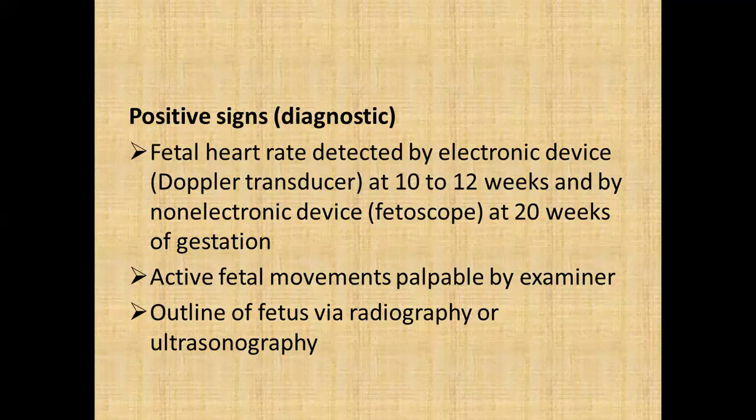If a woman is pregnant and does an ultrasound, and it picks up the fetal outline, that is also conclusive that she is pregnant. So these are the only positive signs of pregnancy that they are going to bring to you in the NCLEX.